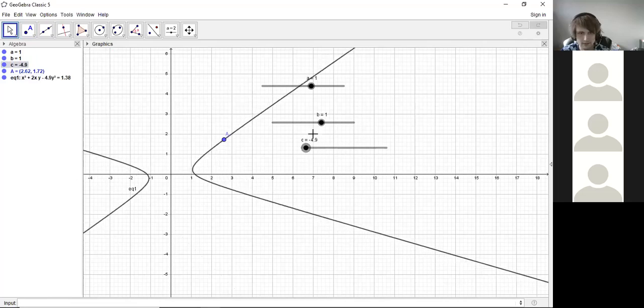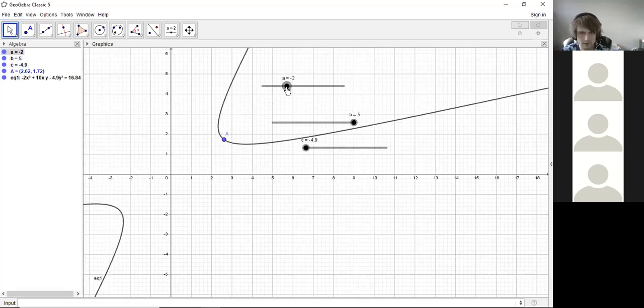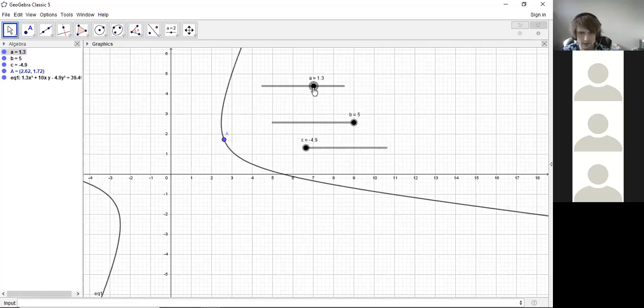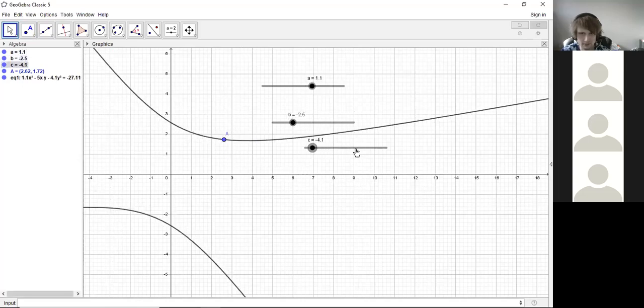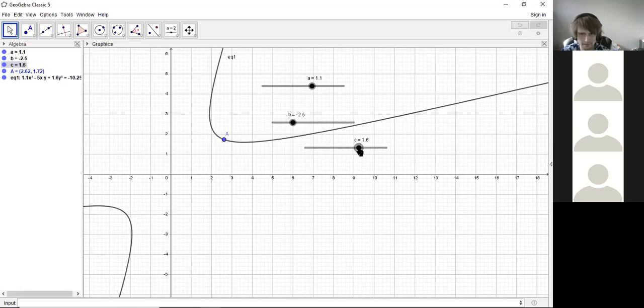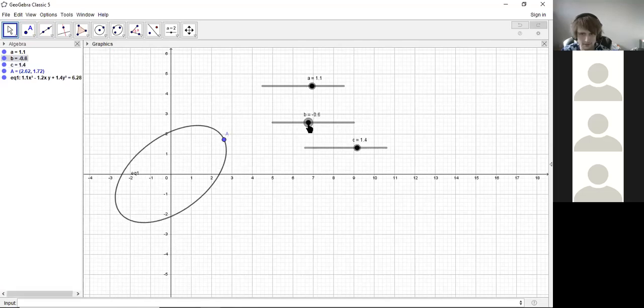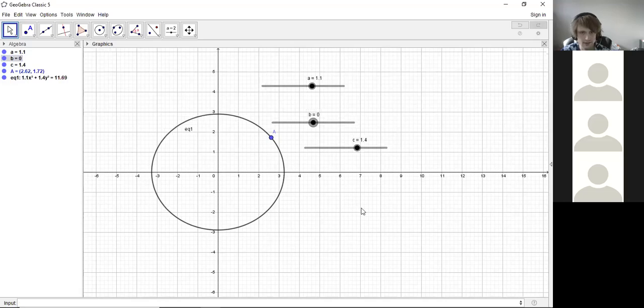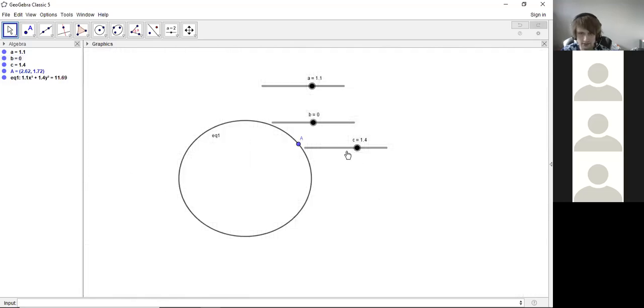And there we go. Here, wait, let's make this a compact conic. Positive, put it to 0. There we go. All right, so we got a compact conic.